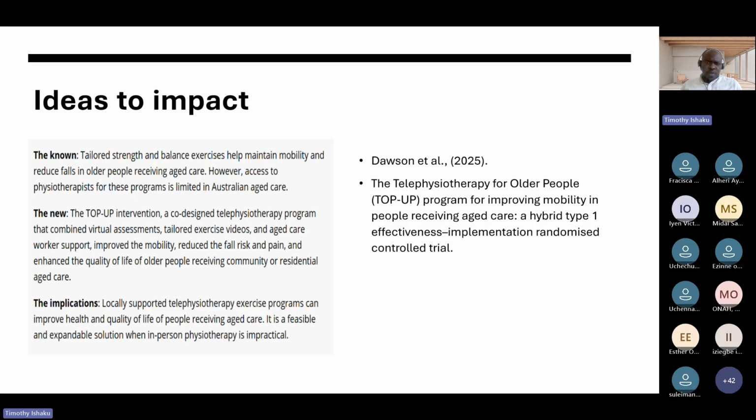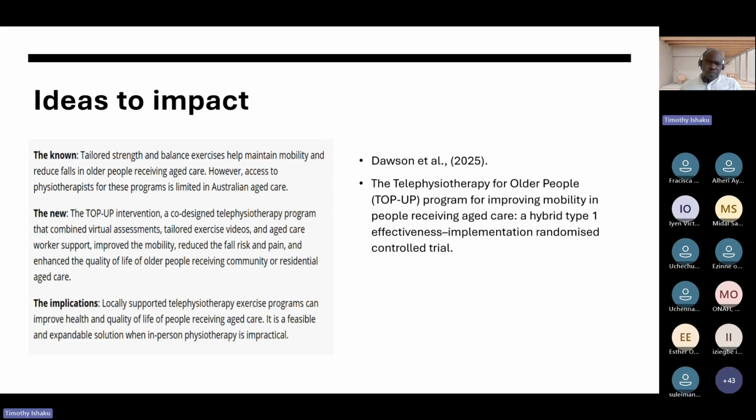So they use virtual assessment and tailored exercise videos. Maybe one of the things they found out is that a sheet of paper doesn't necessarily work. They need instruction on how to go about it, and then support from aged care workers to support the participant.